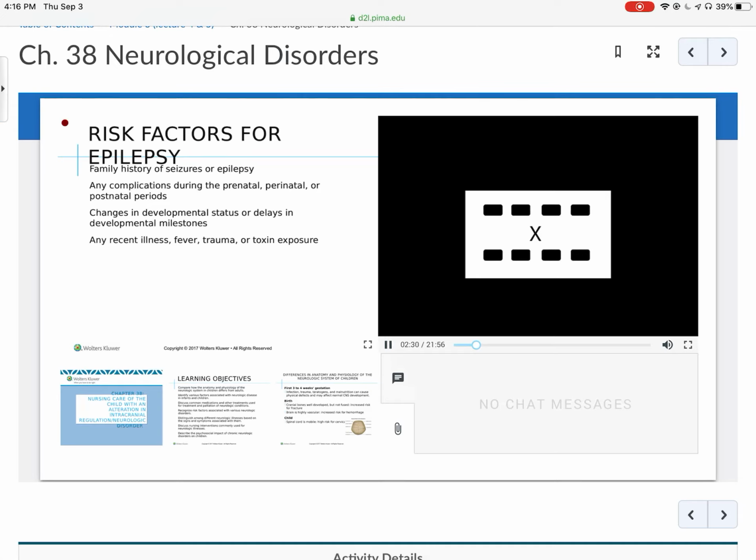So we're going to talk about epilepsy. With epilepsy, we think about a long-term disease. It's a condition where seizures in the brain recur, and typically it's a history of seizures before they label it epilepsy.